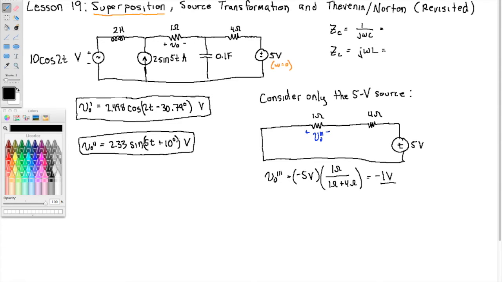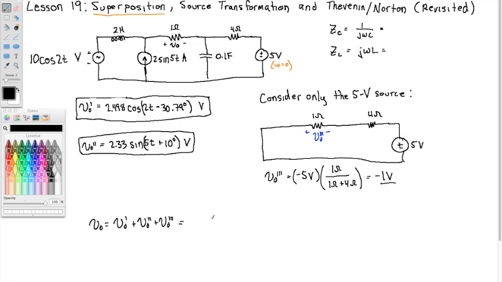So I've got my 3 contributions. So in the original circuit, with all 3 sources on, V out is simply V out prime plus V out double prime plus V out triple prime.